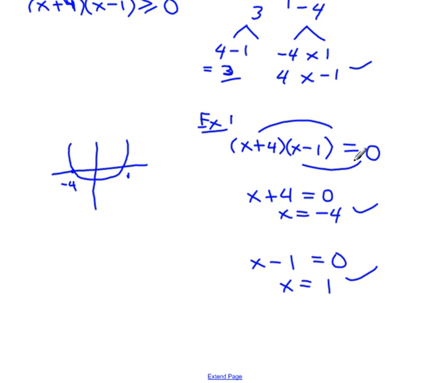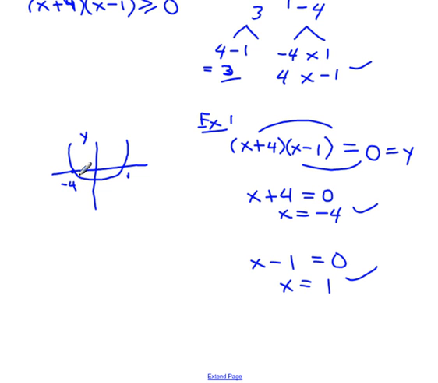It's saying, where does it touch 0? Remember, this usually is equal to y, right? So when y equals 0, what are my x-coordinates? Negative 4 and 1. However, in this case it says the same thing, but greater or equal to 0. So where is my graph greater or equal to 0?